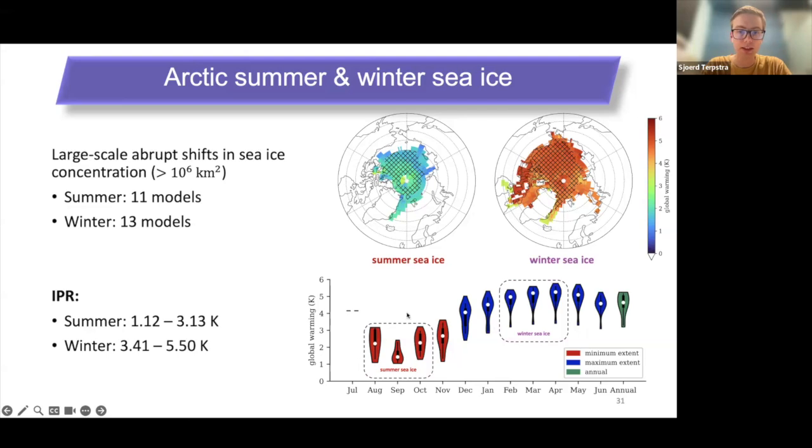And we can clearly see that around summer, so August, September, October, when the sea ice is at the minimum extent, you have way lower levels of global warming at which the sea ice disappears than the winter. And if you just look at the annual average time series, you also find most events related to the disappearance of the winter sea ice.